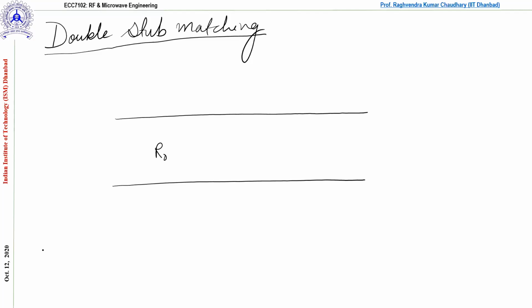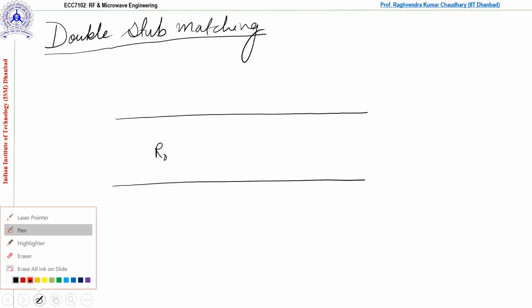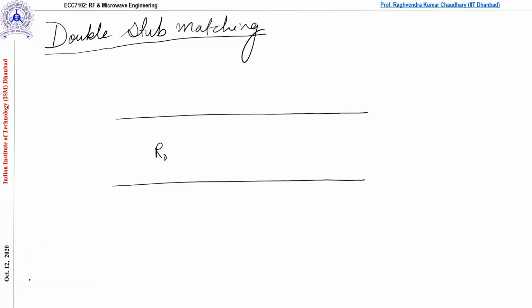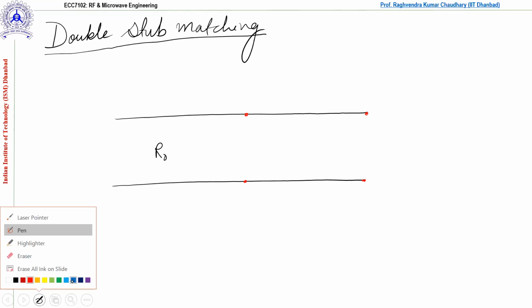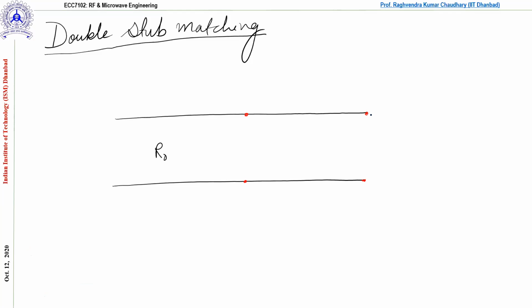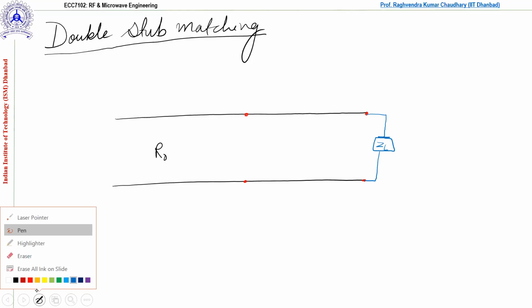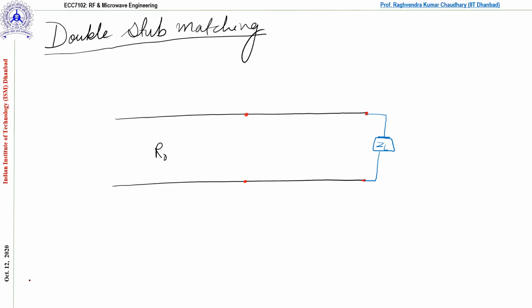Now we are going to connect two stubs. This is the load location, this is ZL.